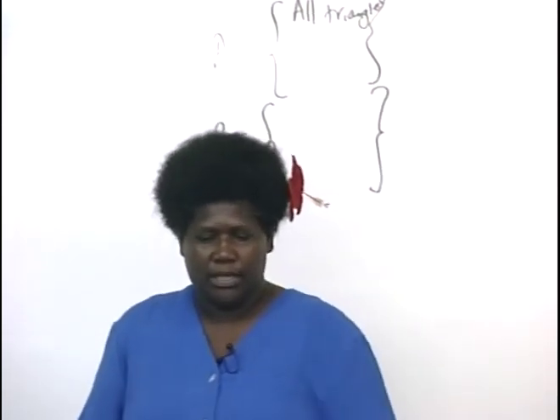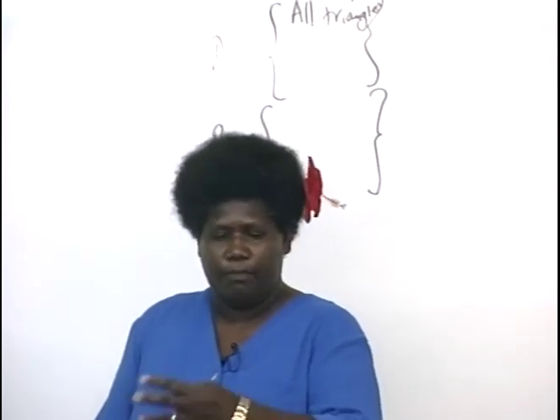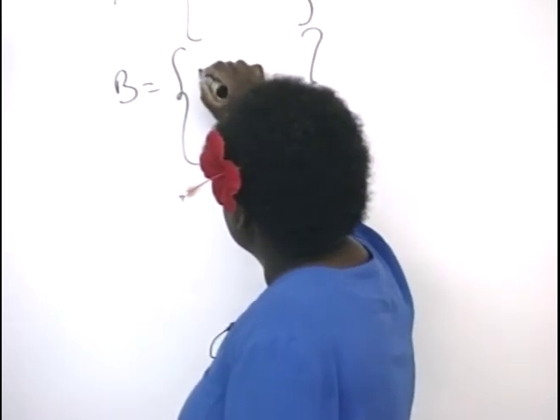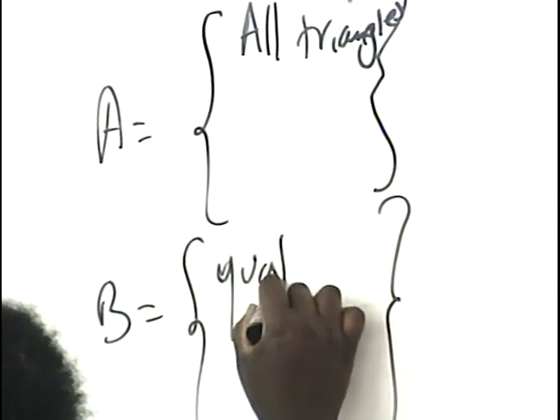That's what the question is asking. Write down the subsets of polygons with less than 9 sides. See the difference? So this is quadrilaterals.